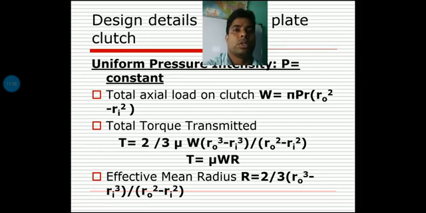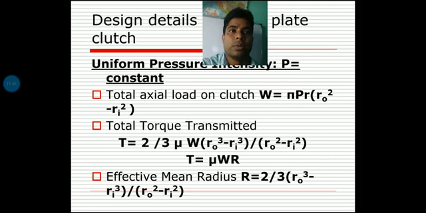The intensity of pressure, small p, is equally distributed over the entire surface area of the plate or disc, and the total uniform pressure will be constant. That means p is equal to constant.